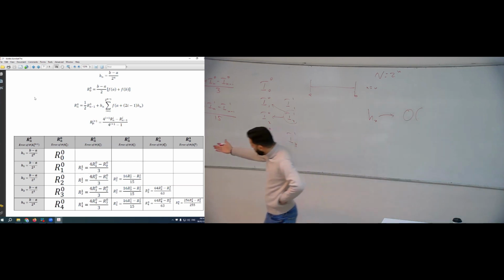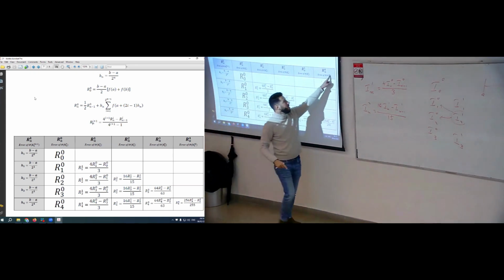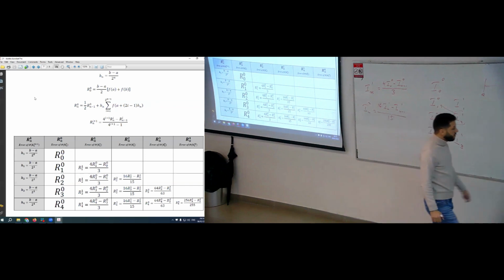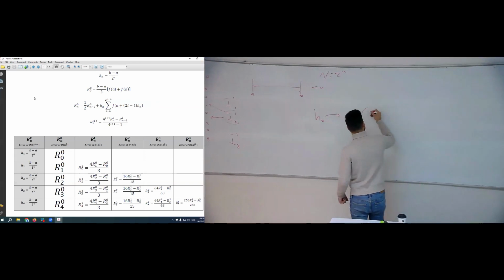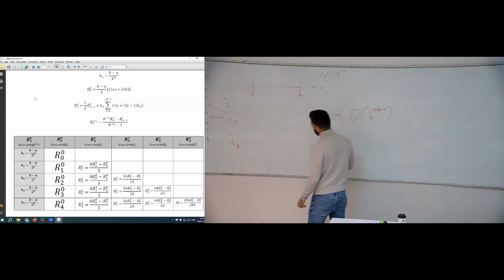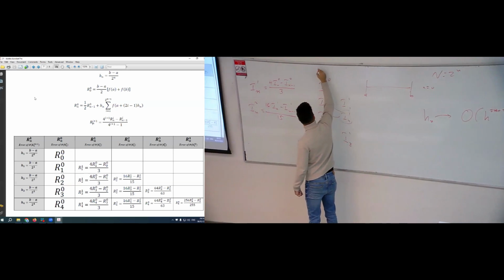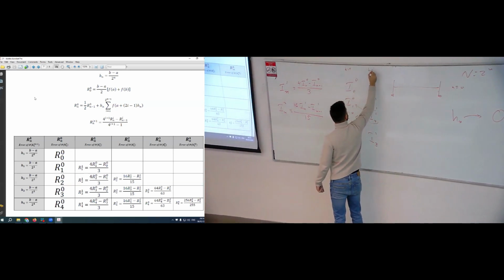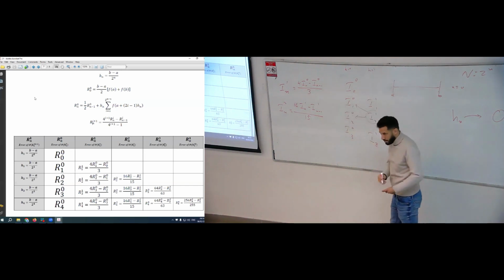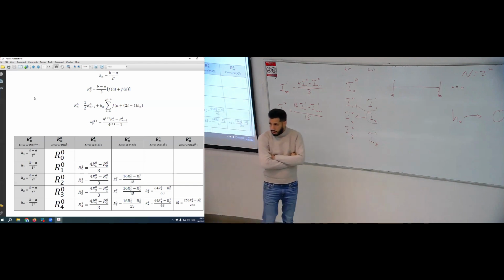You can see. So this is 4, this is 10. So it is h to the 2k plus 2n plus 2. So I call this column the k equals 0 column, and then I call it the k equals 1 column. Questions?